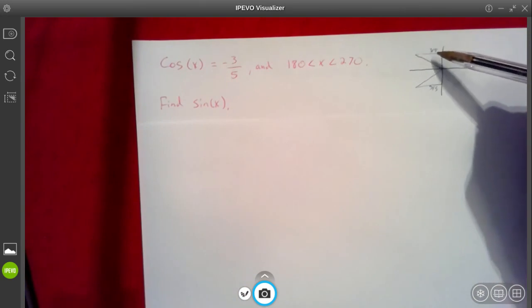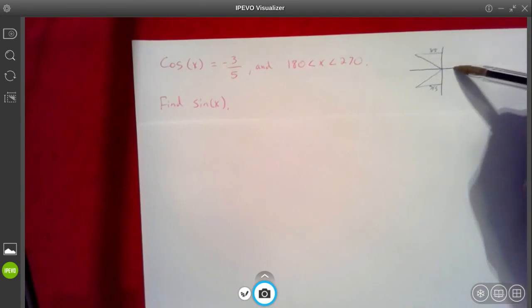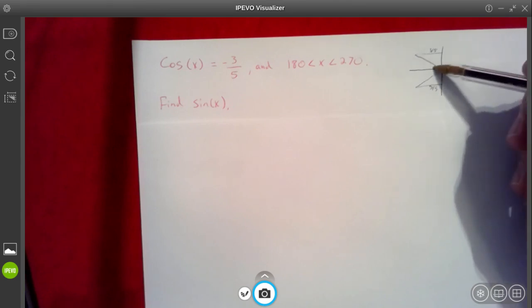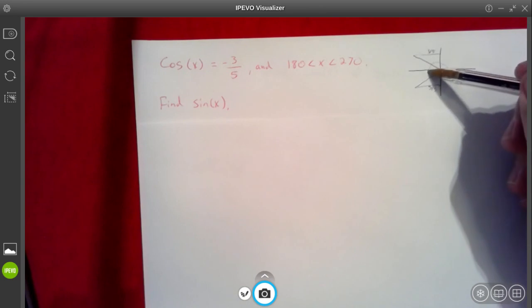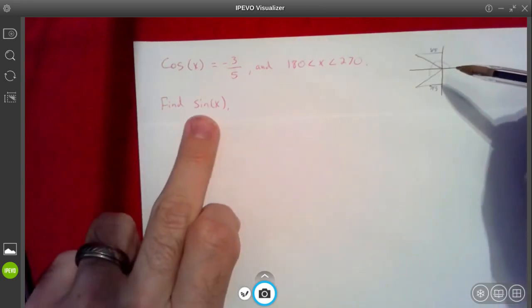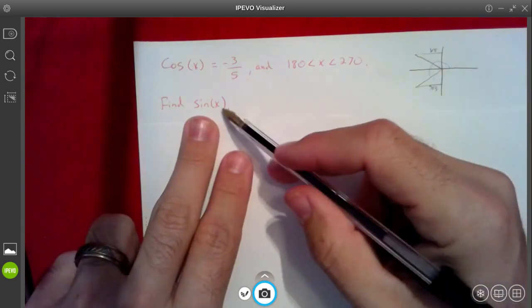Depending on which one they're talking about, whether it's this 150-degree looking angle, or this angle right here where it's bigger than 180, that's going to determine the sign for our trig function down here.